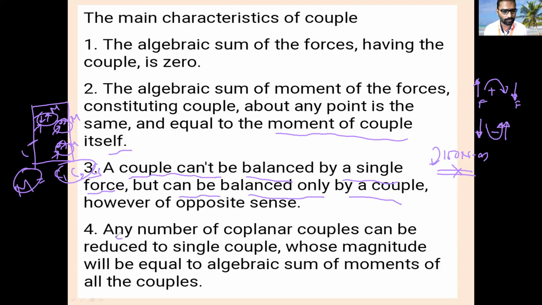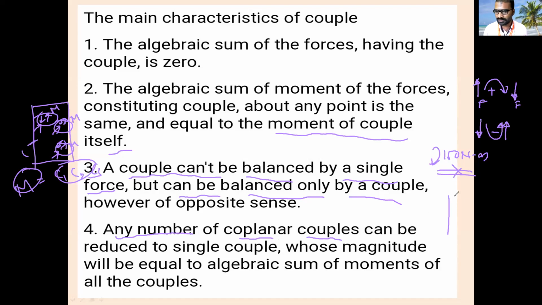Next, what is the fourth point? Any number of coplanar couples can be reduced to a single couple whose magnitude will be equal to the algebraic sum of moments of all the couples. See, again there is a link with the second point. What does the fourth say? Any number of coplanar couples.